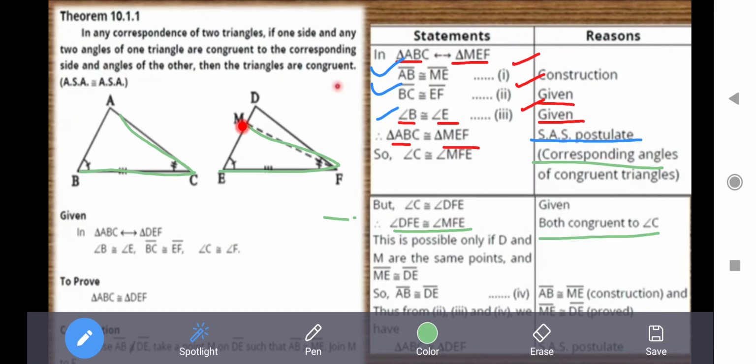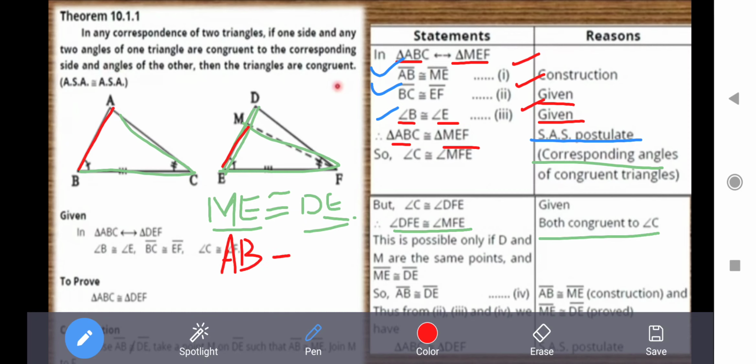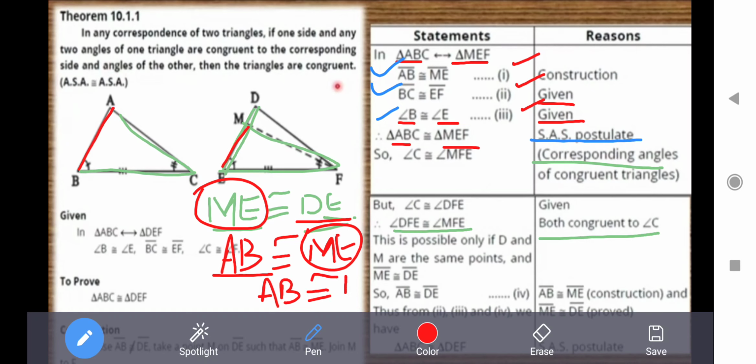If M and D are the same points, then what does it mean? It means ME is congruent to DE. If they are the same points, the both sides are the same. If you say ME is congruent to DE, then earlier also we had made ME congruent to something in the construction. What did we do? ME is congruent to AB. We said ME is congruent to AB. So the same thing comes again here. If ME is congruent to DE, then ME is congruent to AB. So what is left? AB is congruent to DE.